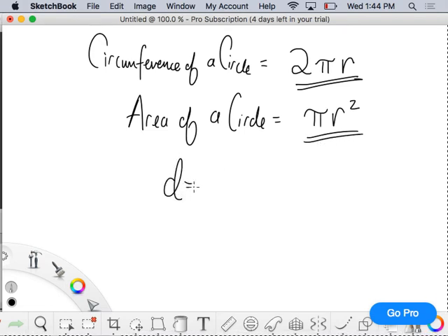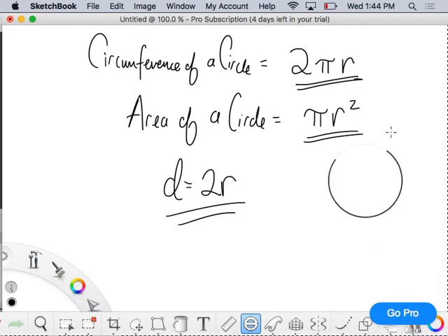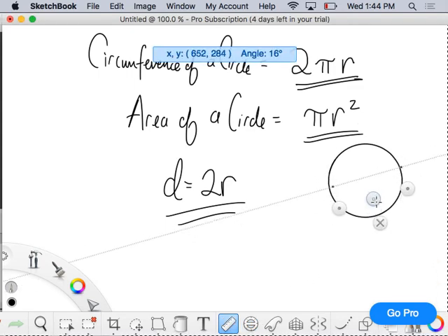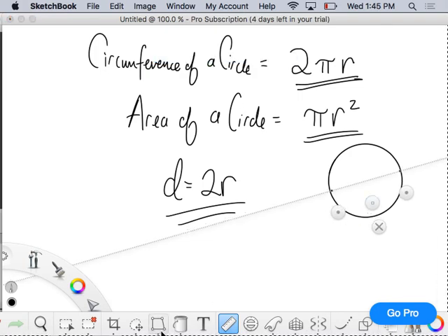The diameter equals how many times the radius? 2. The diameter is 2 times the radius. Why? Here is a circle. Class, if this is the diameter, then the radius is half of that.